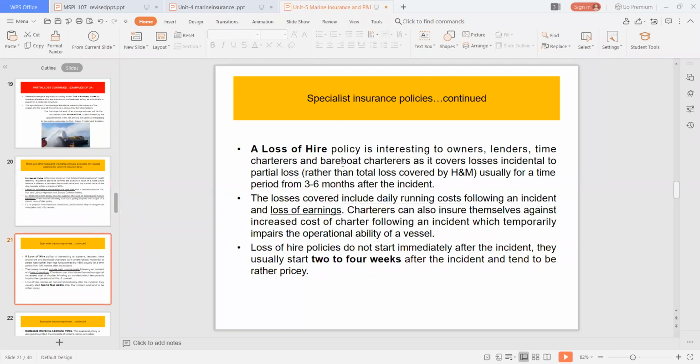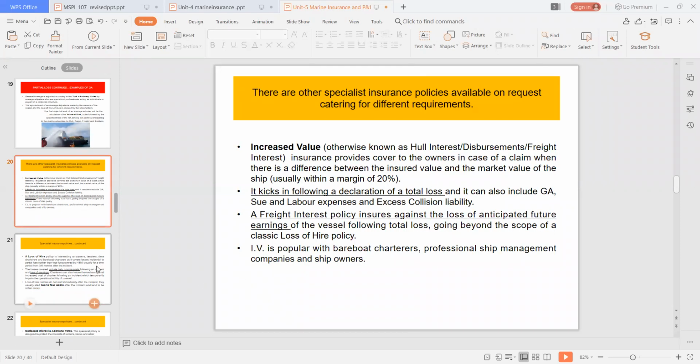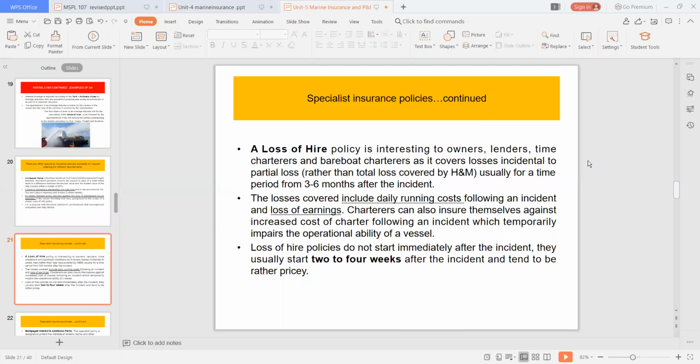See that these are the specialist insurance policies. Kindly note it down. Loss of hire policy is interesting to owners, lenders, time charterers, and bareboat charterers, as it covers losses incidental to the partial loss rather than the total loss covered by the addendum, usually for a time period of 3 to 6 months after the incident. The losses covered include daily running cost following an incident and loss of earnings. Charterers can also insure themselves against the increased cost of charter following an incident which temporarily impairs the operational ability of the vessel.